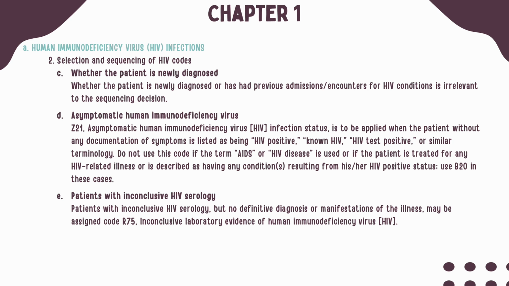If there are symptoms, the provider states AIDS or HIV disease, or there are any opportunistic infections, code B20 should be assigned. If the patient has an inconclusive HIV serology and there is no definitive diagnosis or any manifestations, code R75 for inconclusive lab evidence of HIV should be assigned.